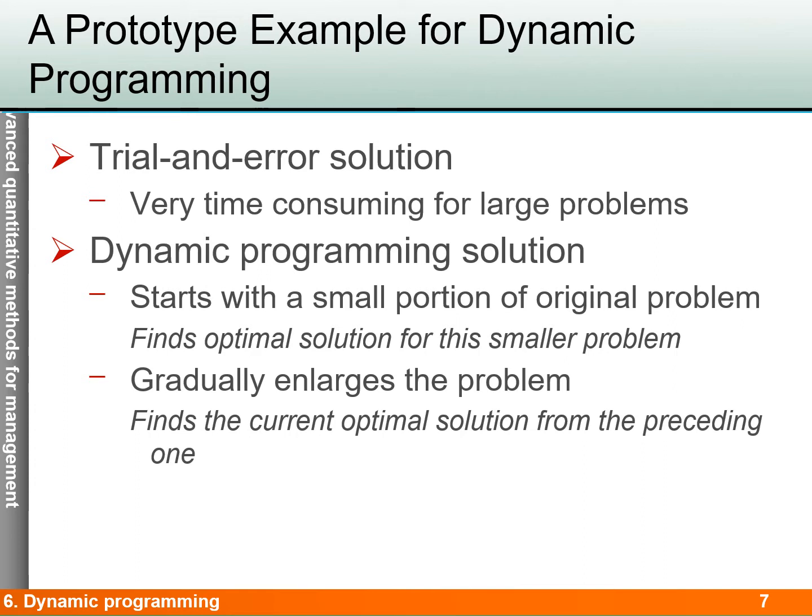So gradually enlarges the problems, find the current optimal solution from the preceding one. As I told you, we find the optimal solution, move left by adding that one, moving left to arriving to the very first point. And in the next slides, we'll see how we do this.